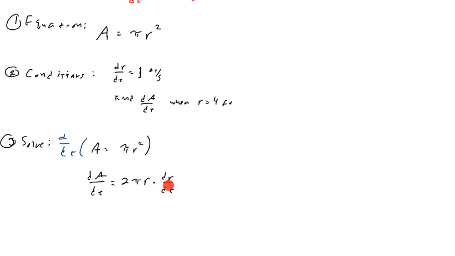So now I've got this formula, I've got my information, dr/dt right there, my radius is 4, so plug those in, and I'm going to get 2 pi times 4 feet, 4 feet is my r, times 1 foot per second.